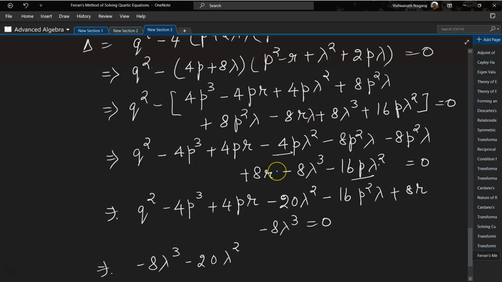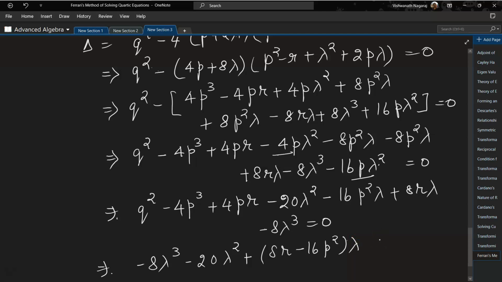So this is actually minus 8r lambda, which becomes plus 8r lambda. So here we have lambda, right? So we will have plus 8r minus 16p square lambda.